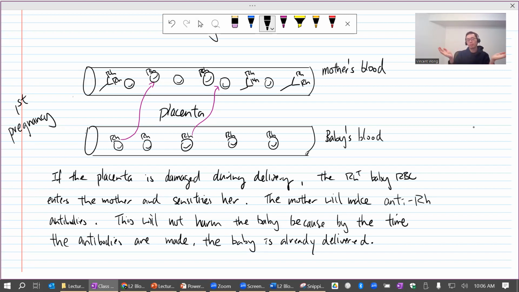But to keep things simple, I'm trying to say that the placenta is damaged during delivery. We'll talk about solutions for this as well. There are medications you can take to stop this from happening. Just hold on, we're almost there.